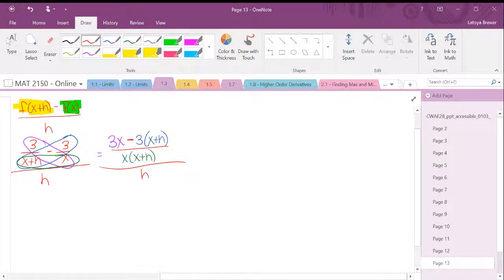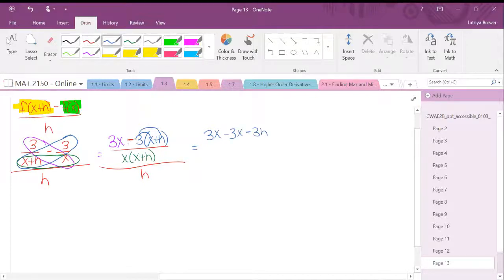Now I've got to simplify this numerator, and I've got to try to reduce this. I need to write this in simplest form. So what I would do first is take that -3 and multiply that out by applying my distributive property. So that's going to leave me with 3x minus 3x minus 3h.